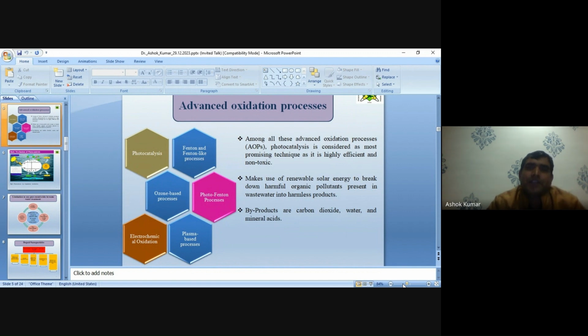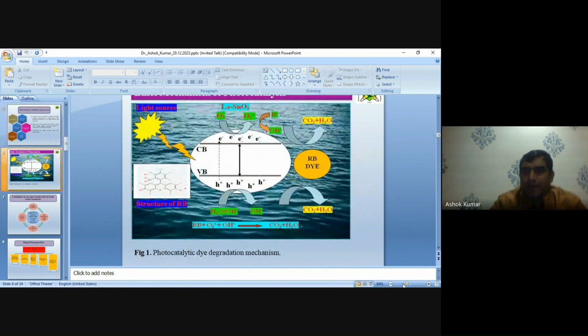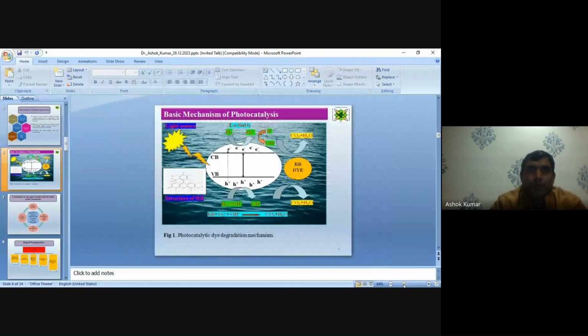Another point is that there is use of renewable solar energy. Visible light can be used in order to break these harmful organic pollutants present in the wastewater, and then we can convert them into harmless products. So this is the basic mechanism of photocatalysis. This is the energy diagram of the catalyst having the conduction band and valence band.